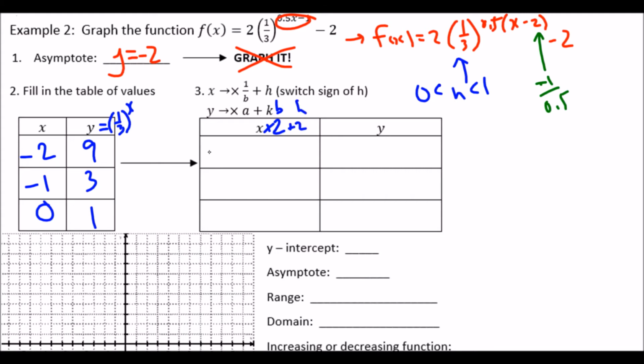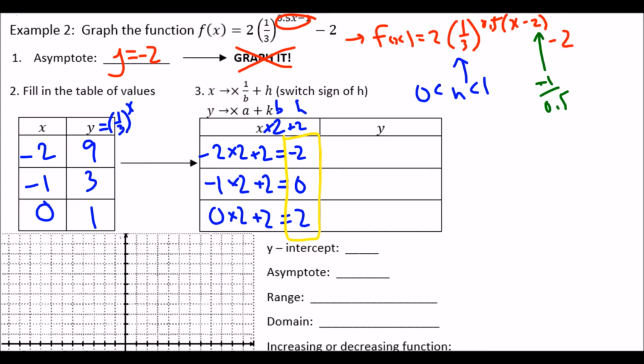So here I'm going to have -2 times 2 plus 2. That's -4 plus 2, that's -2. Here I'm going to have -1 times 2 plus 2. That will be 0. And then finally 0 times 2 plus 2. That will give me 2. So these are my x values.